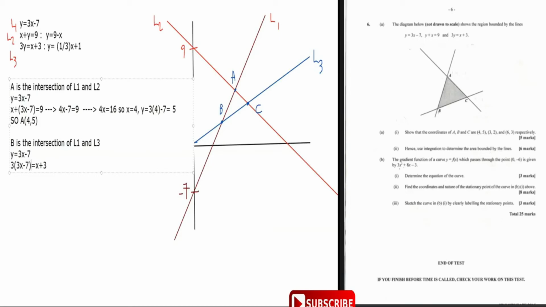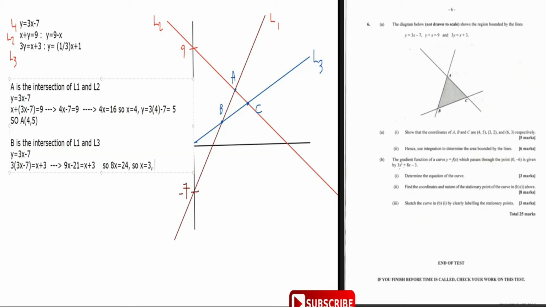Solving this equation, we get 3 times 3x is 9x, minus 3 times 7, that's 21, equal to x plus 3. Bringing x over, we get 8x is equal to 21 plus 3, which is 24. Dividing both sides by 8, x is equal to 3.